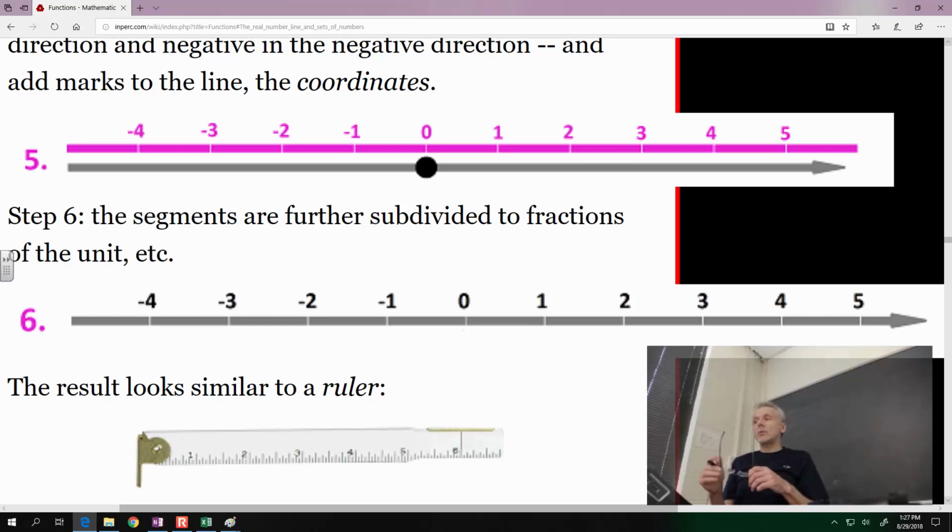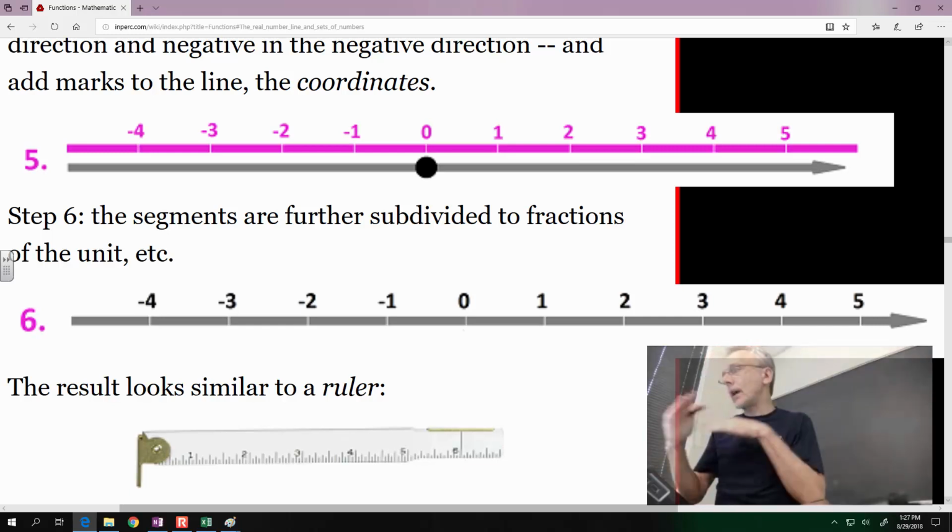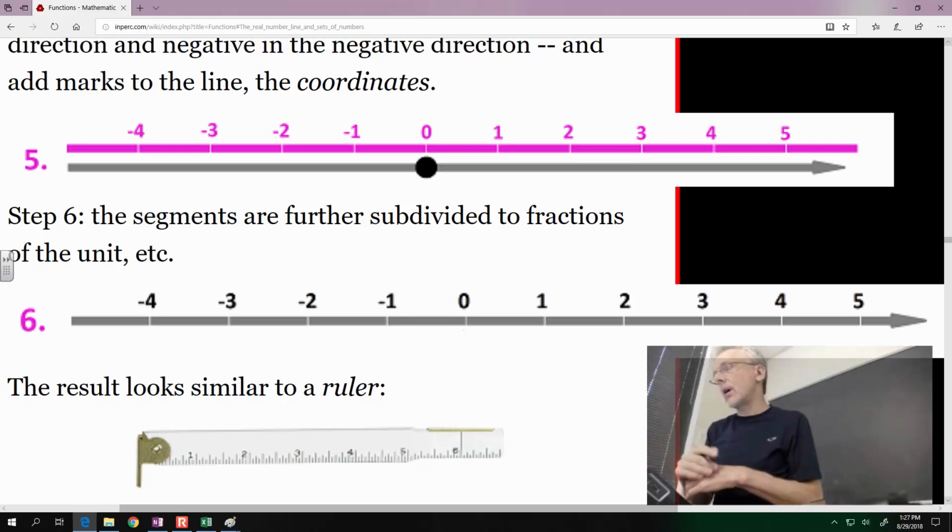We roughly know where to place it. It's somewhere between 1 and 2. So that is how we visualize this set of numbers. If we include only the integers, that's one thing.